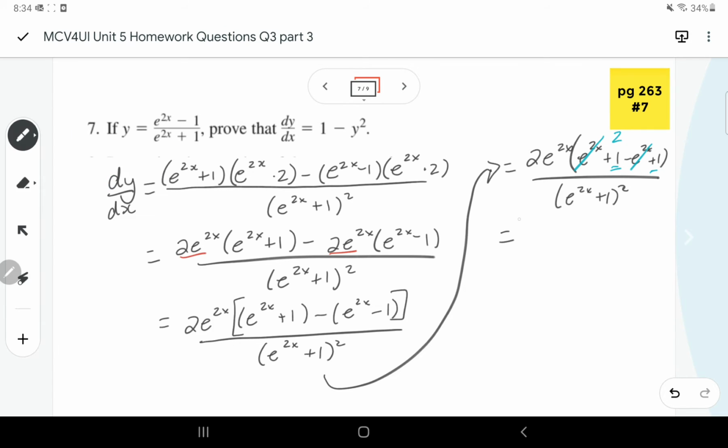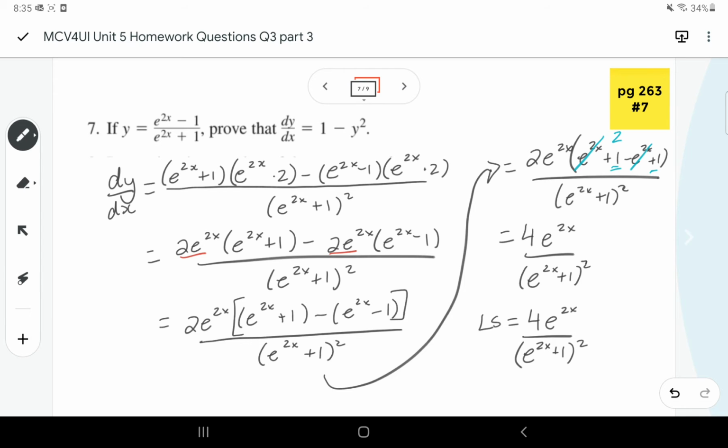So I'm going to go right to, I think, probably the fully simplified form of the derivative. So I'm going to say that my left side, the derivative, is 4e to the 2x over e to the 2x plus 1 squared.